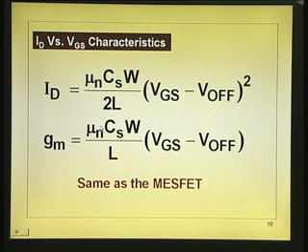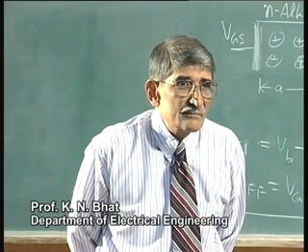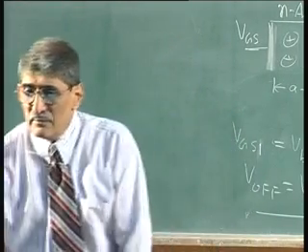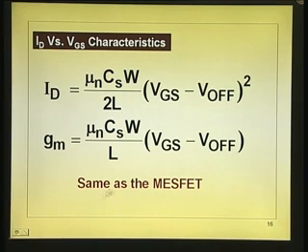So, it is at least about 25 times larger transconductance. The transconductance is 25 times larger, and the cutoff frequency will be larger by the same factor for the same capacitance, because cutoff frequency is GM by C. That is the figure of merit of all these FETs. So, you will have much higher frequency of operation for these devices.